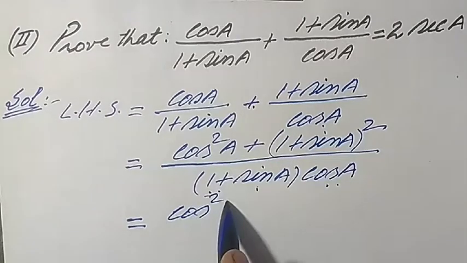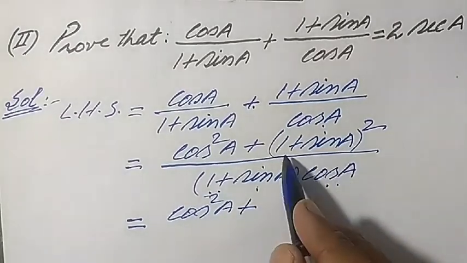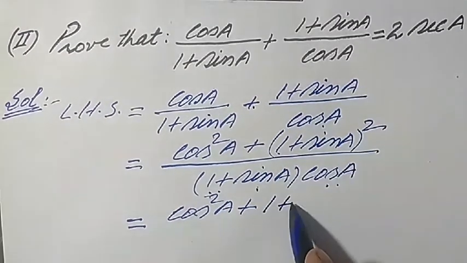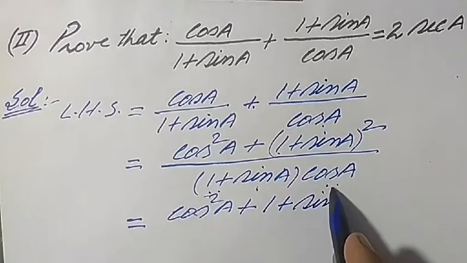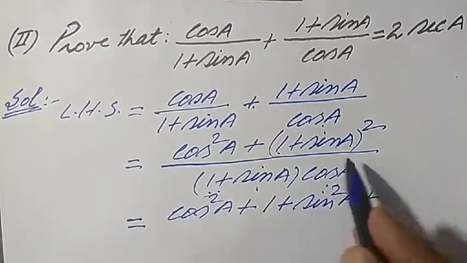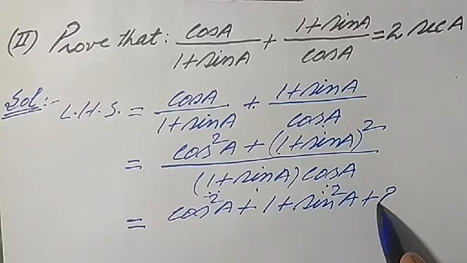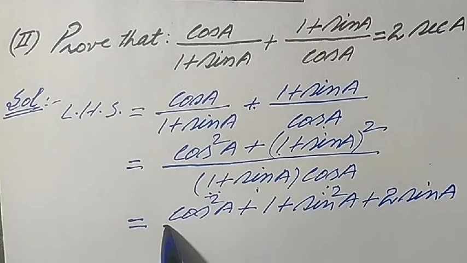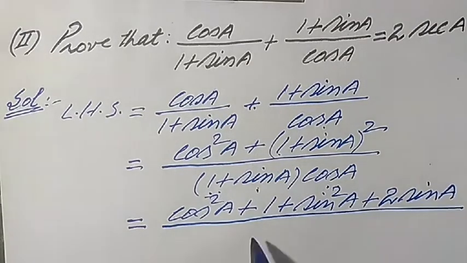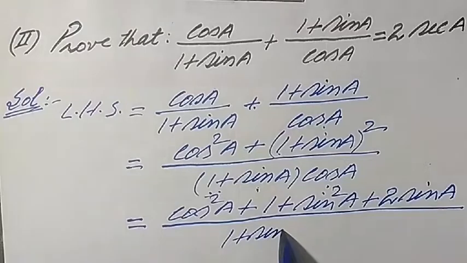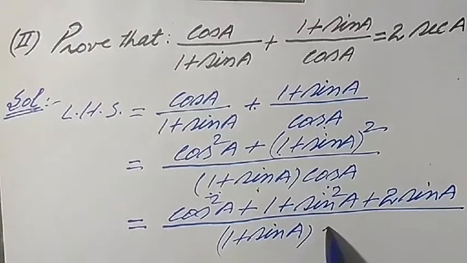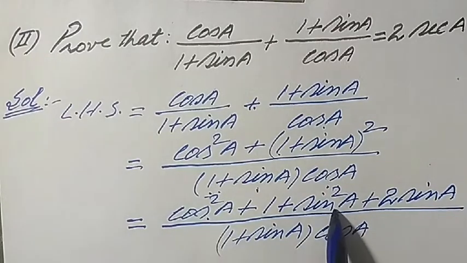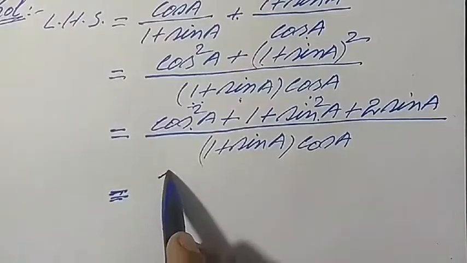Now cos square A as it is, plus opening this bracket by (a plus b) whole square formula, we get 1 square, that is 1 plus sine square A, plus 2 into 1 into sine A, that is 2 sine A, upon (1 plus sine A) cos A. Now as we observe, cos square A plus sine square A is there, so we should collect them.